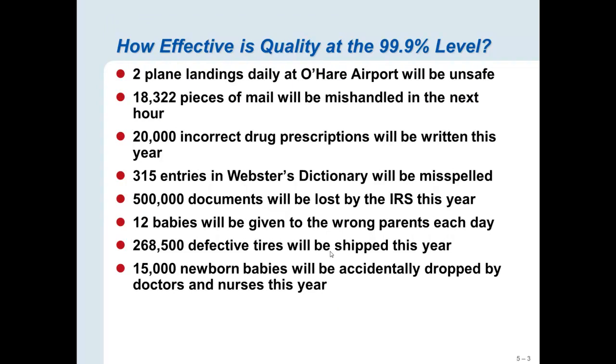For example, if you set percent effectiveness at about 99.9%, it may imply that about 2 plane landings daily at O'Hare Airport will be unsafe, about 18,322 pieces of mail will be mishandled, or maybe about 15,000 newborn babies will be accidentally dropped by the doctor or nurse this year.